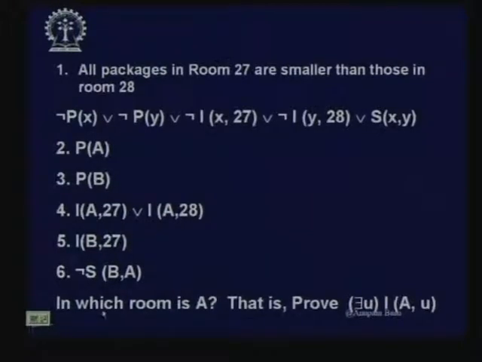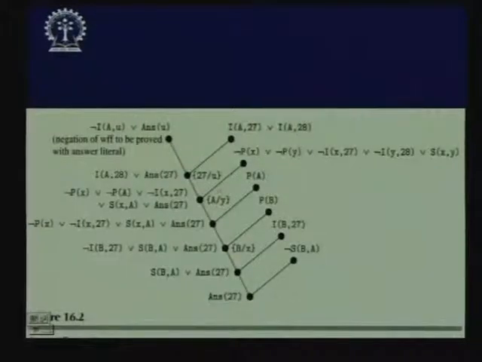Now, my question is, in which room is A? That is, I have to prove that there exists some room number, there exists u such that In, I standing for in, A u, A is in u. So, that is my goal query. So, I have to negate it for resolution. Only thing, in order to get this, just look at this.